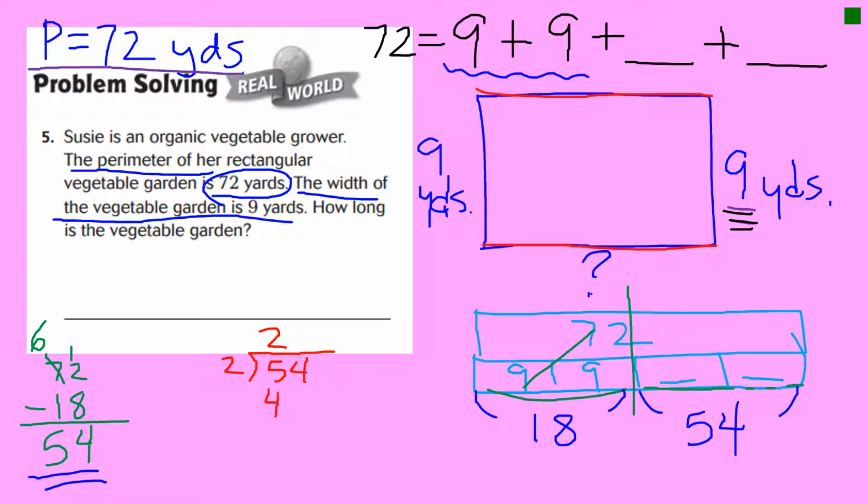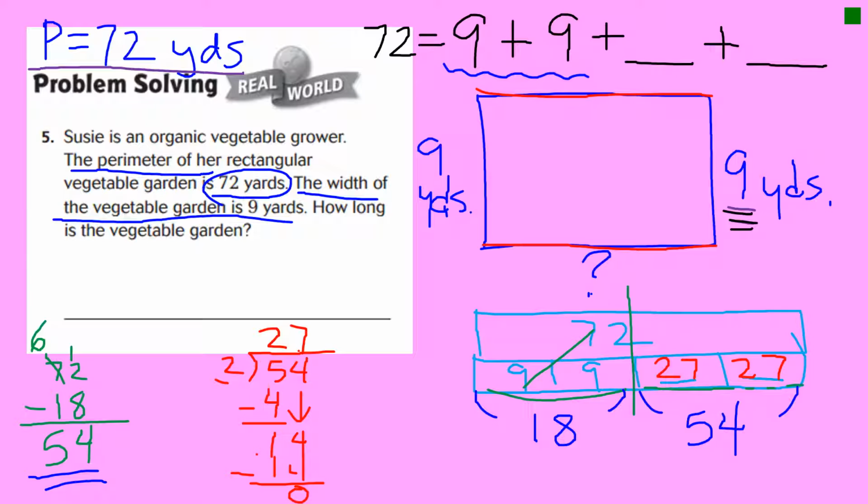2 times 2 is 4. 5 minus 4 is 1. Bring down the 4, 14. 2, now remember the D for divide again. 2 divided into 14. 7 times 2 is 14. Okay, so each of these sides is 27.